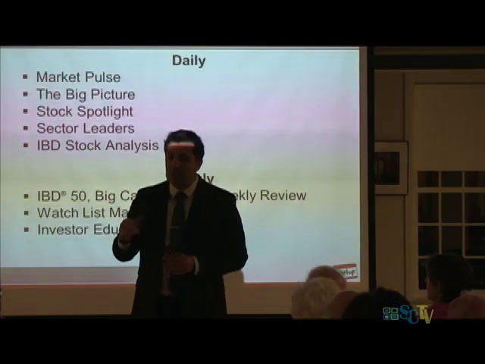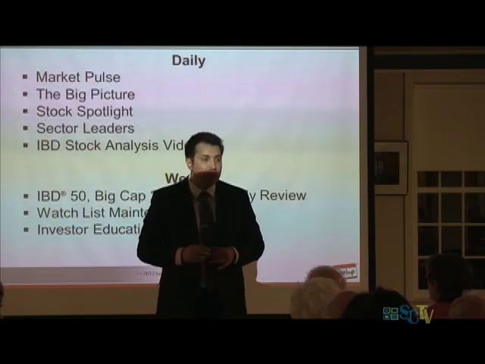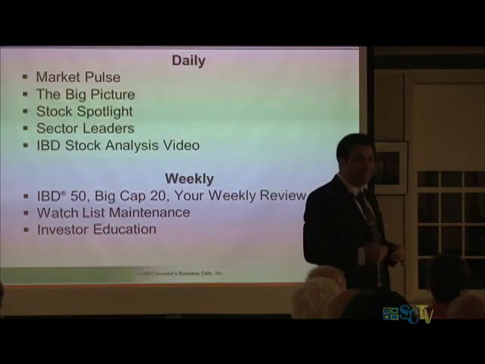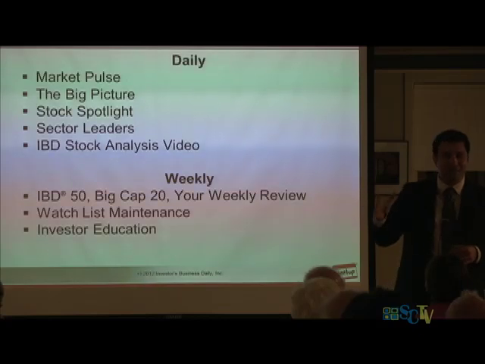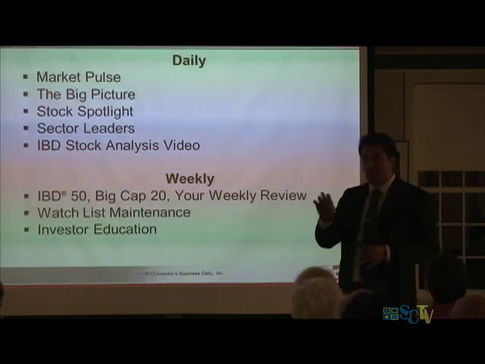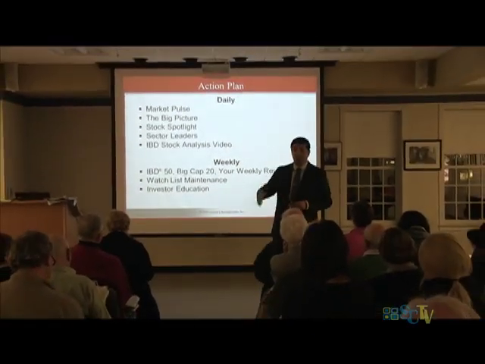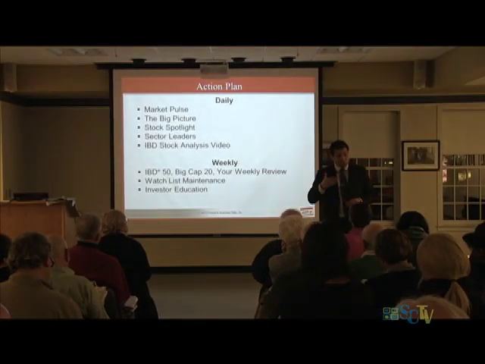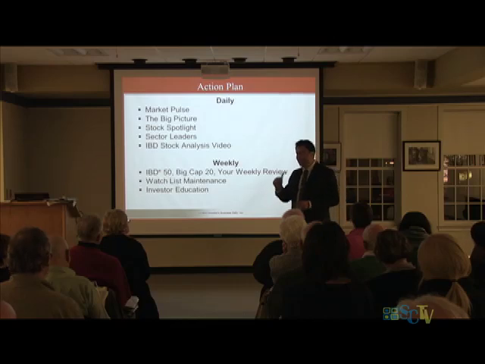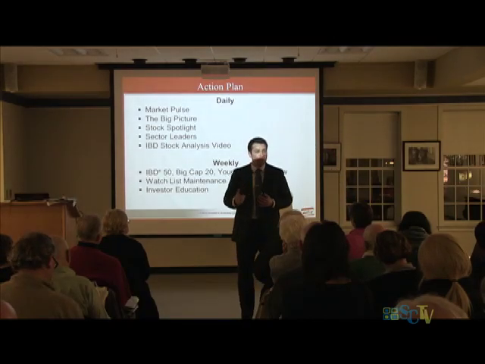Get them off your list. So once a week, go through your watch list. If you see something breaking down, take it off. In fact, you can ask yourself those 4 sell questions I gave you earlier to help you determine if you should take a stock off your watch list. If it's holding up, keep it on your list. But if it's breaking down, get it off. Do that at least once a week.